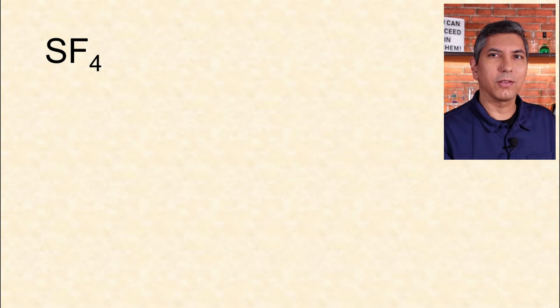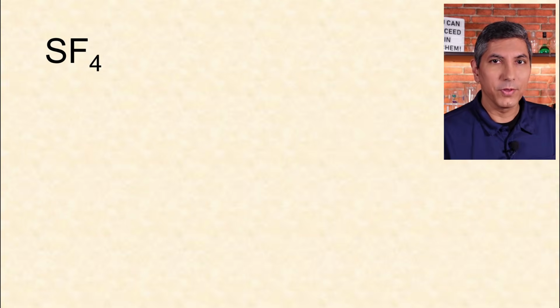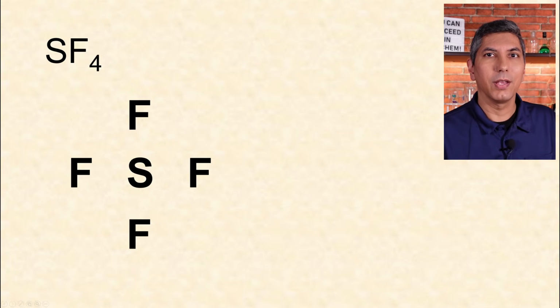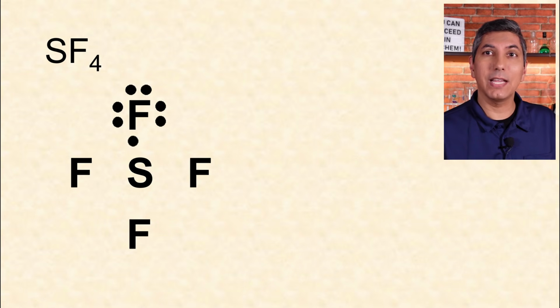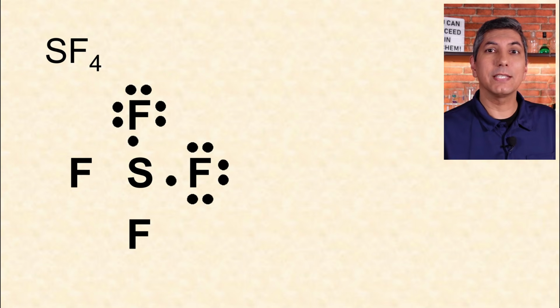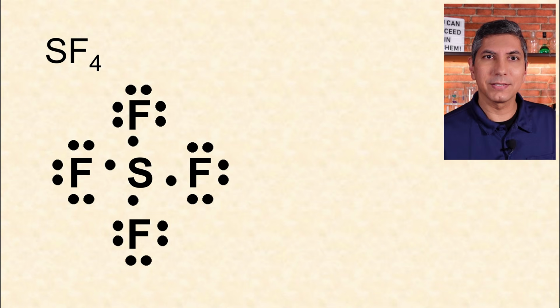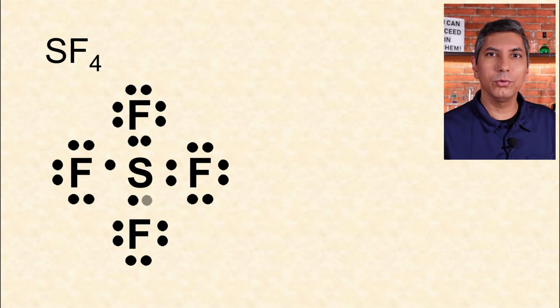How about this molecule? In SF4, sulfur goes in the middle with 4 fluorine atoms surrounding it. According to the periodic table, every fluorine atom has 7 valence electrons, so 7 dots go around every fluorine atom. Sulfur brings 6 valence electrons to this structure, so we'll put 1, 2, 3, 4 valence electrons.